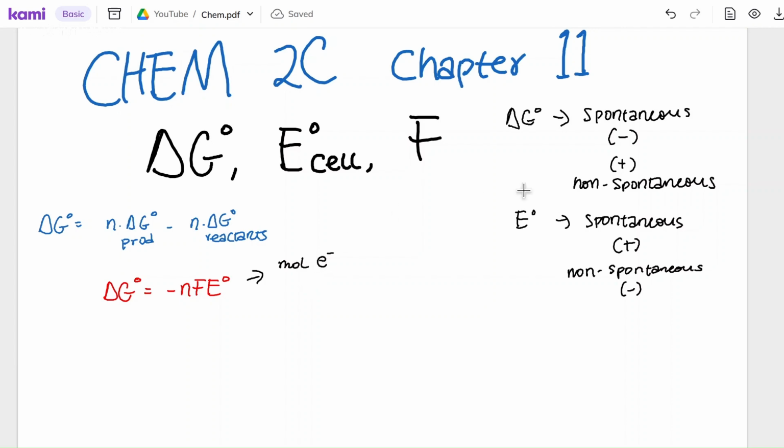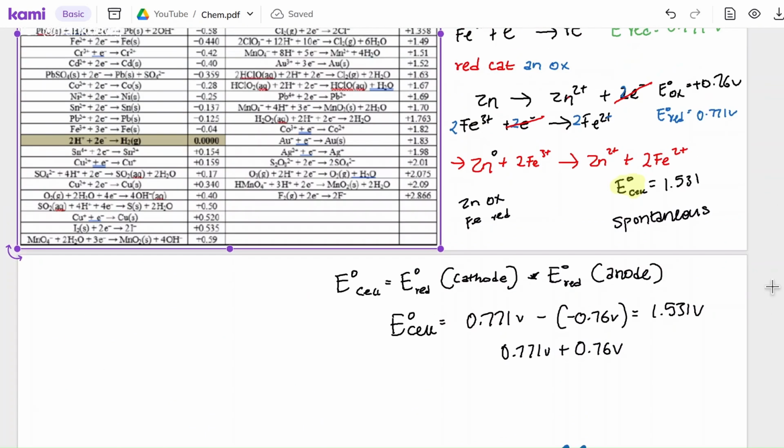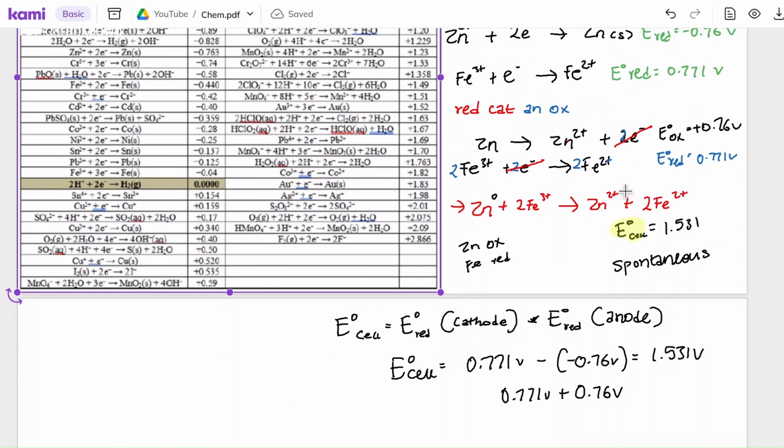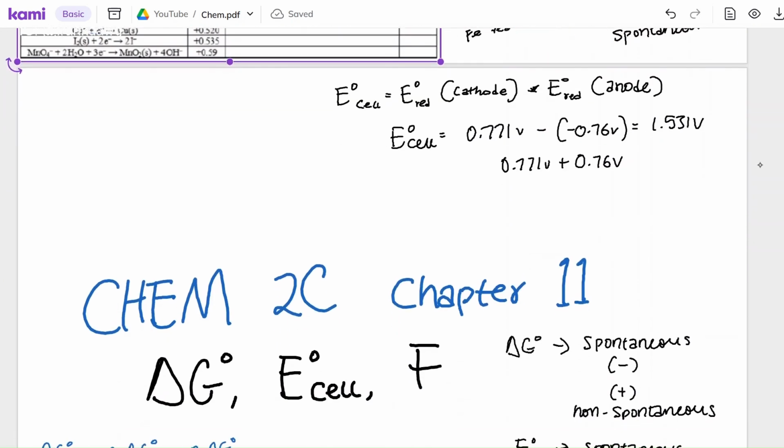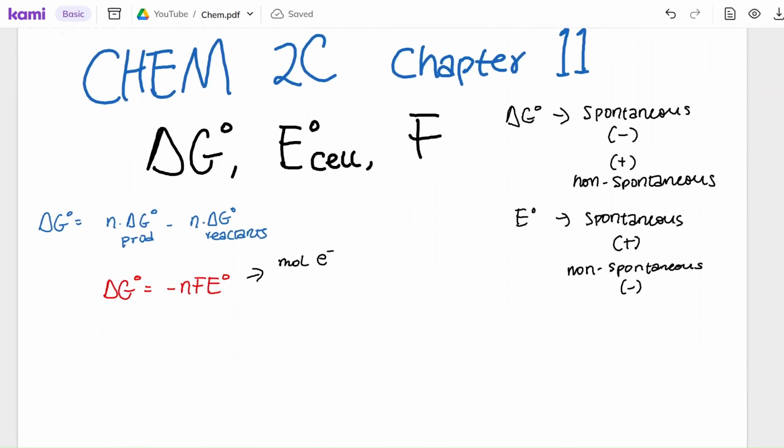Remember in a cell potential question, the electrons can have 1, 2, or any number actually, but usually they have 1e, or you multiply by 2 to get 2e. What we're checking is that after you multiply, the two equations can cancel each other out when they have the same amount of e. That's the moles of e you use. I'll explain further by showing an example.